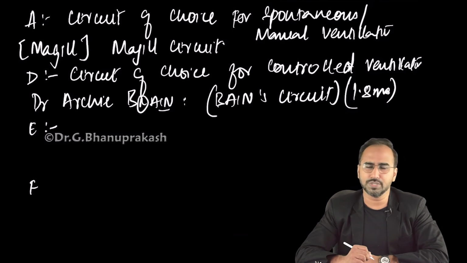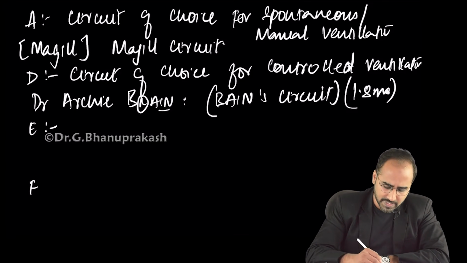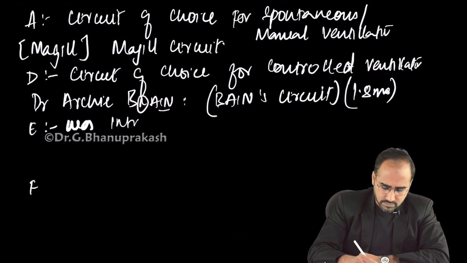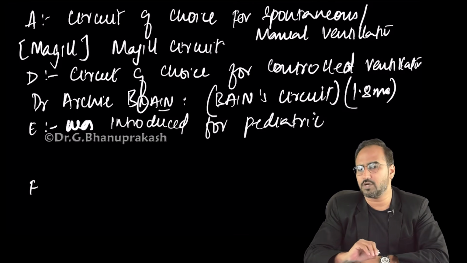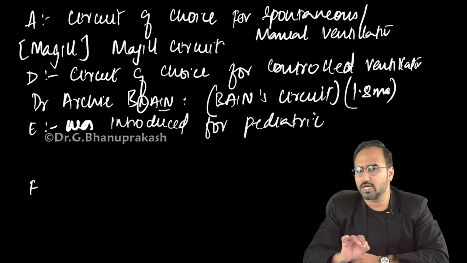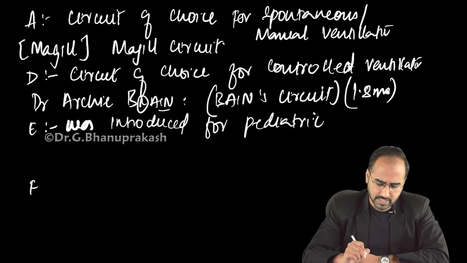So it is not used nowadays, right? Mapleson E was introduced for pediatric cases, but are we using them for pediatric? No sir, we are not using them for any pediatric cases, right?